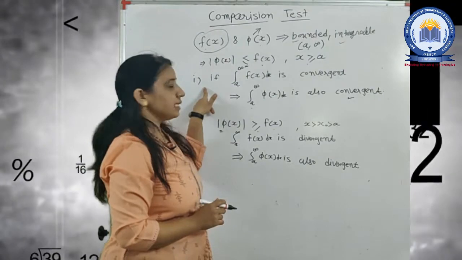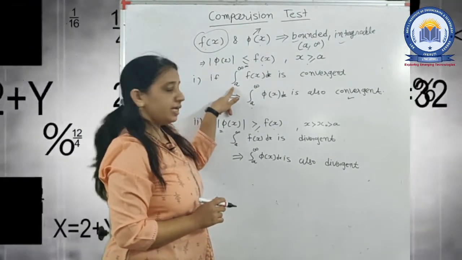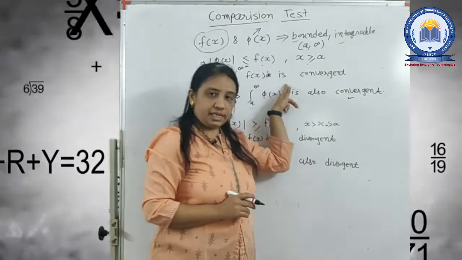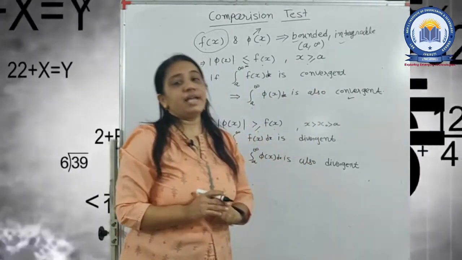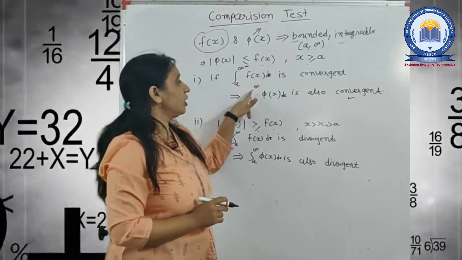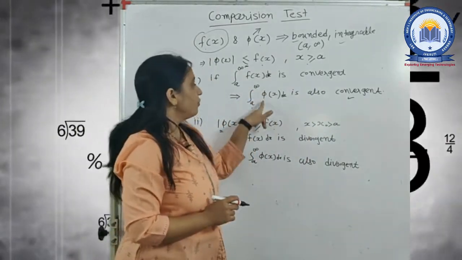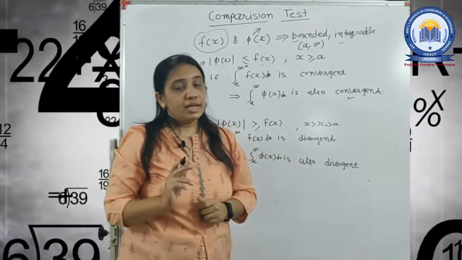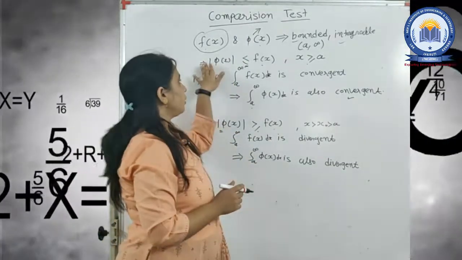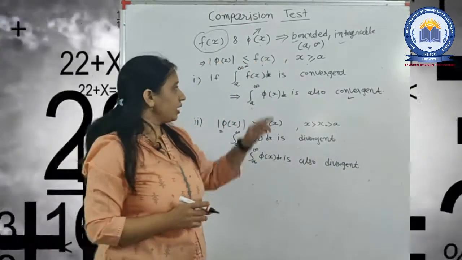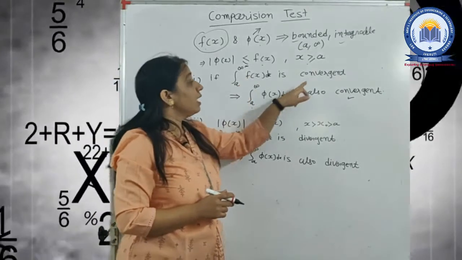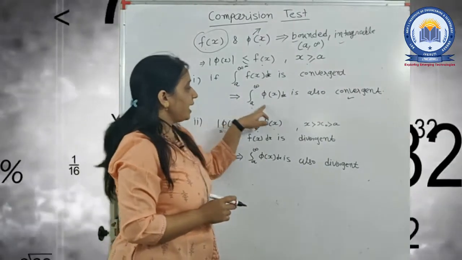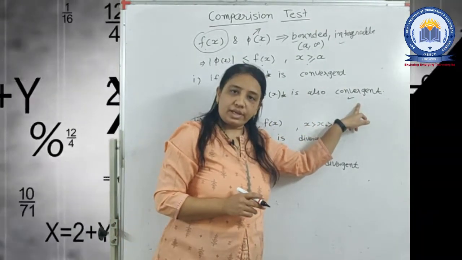The first case is, if the integration from a to infinity of f(x) dx is convergent, then we can say that the integration from a to infinity of phi(x) dx is also convergent. That means we have two functions, we check the convergence of f(x), and if it is convergent, we can directly say that phi(x) is also convergent.